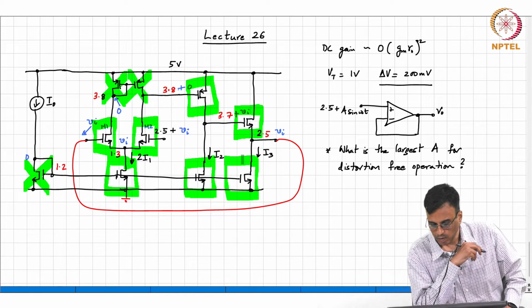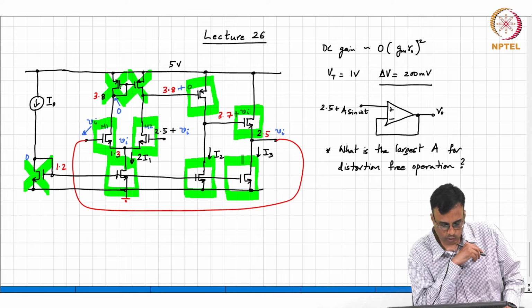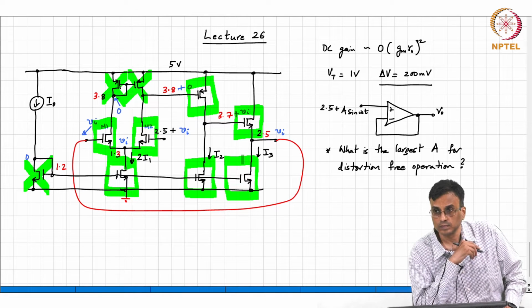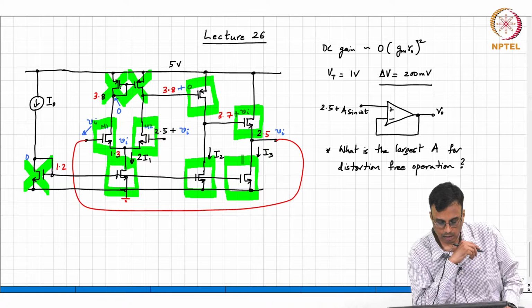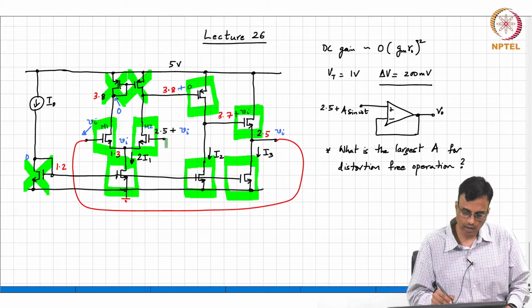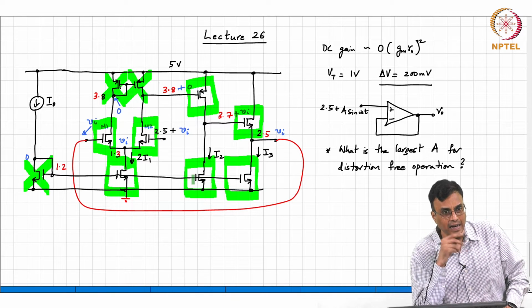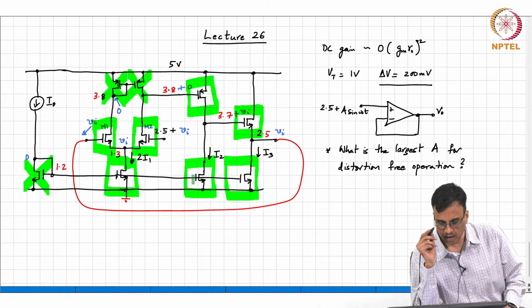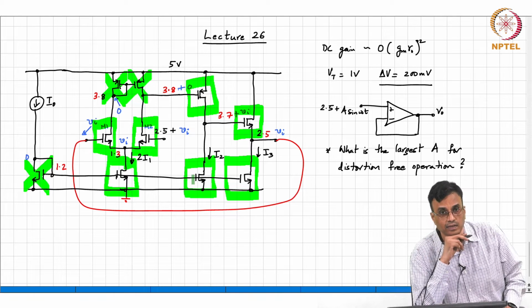All right. What about the currents through any of these transistors? What is the current flowing through? What comment can we make about the current through any of these transistors as Vi is changing?